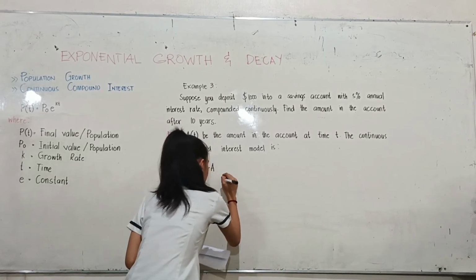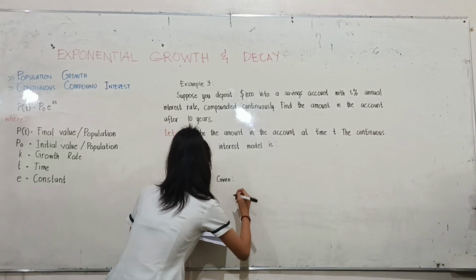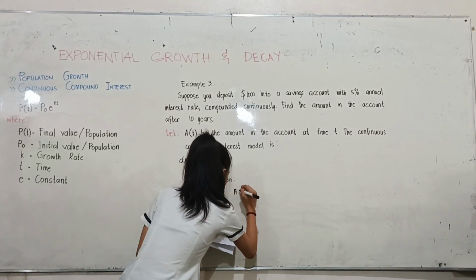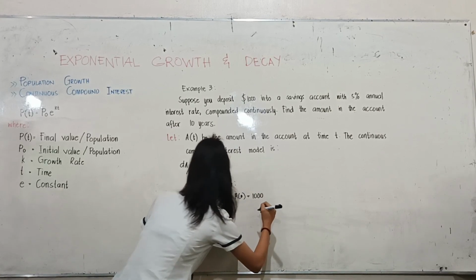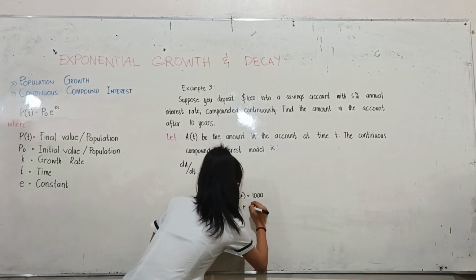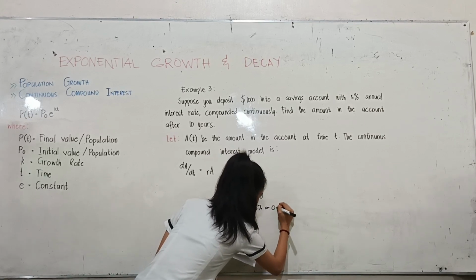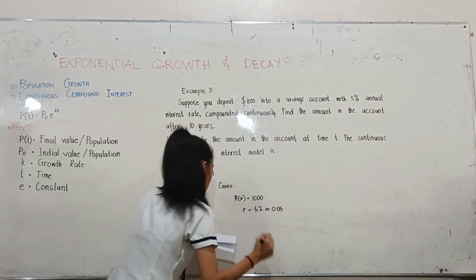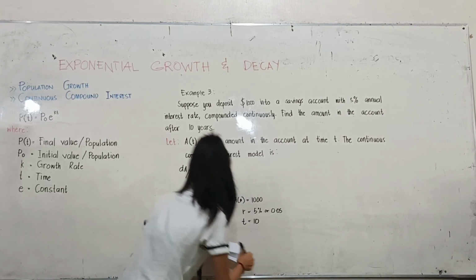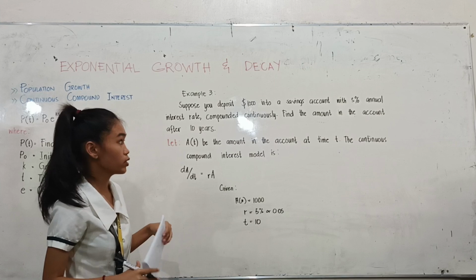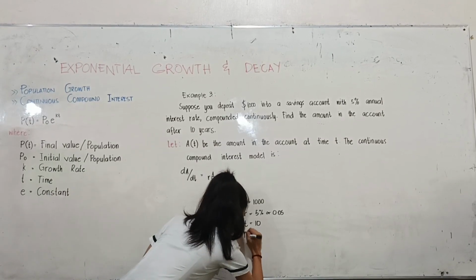So here's the given: the initial deposit A0 is equal to 1,000. The interest rate is 5% or 0.05. Our time is 10.